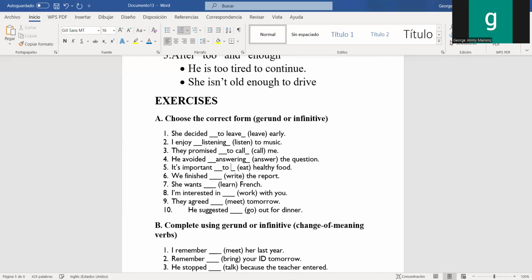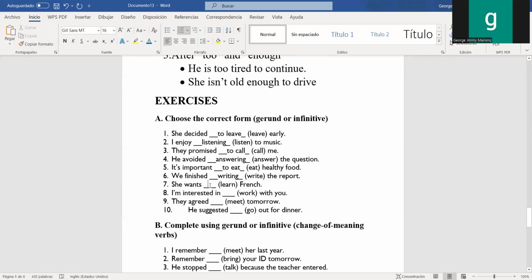So we say to eat. It's important to eat healthy food. What about sentence number six? We finished to write the report, or we finished writing the report? Writing, right? We finished writing the report.